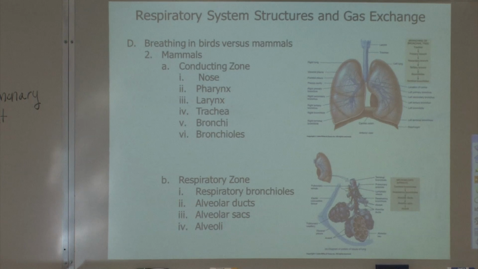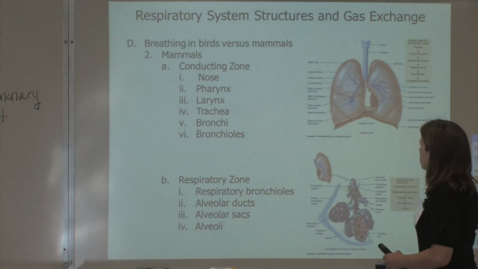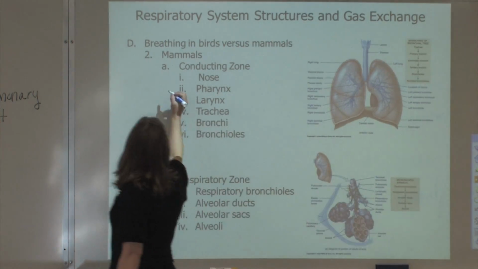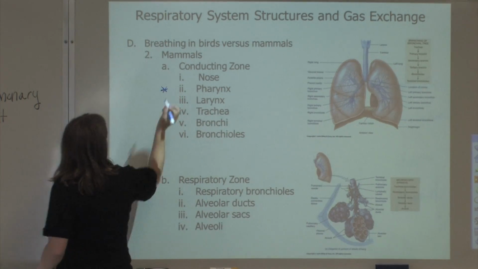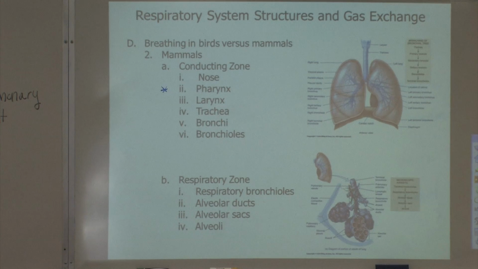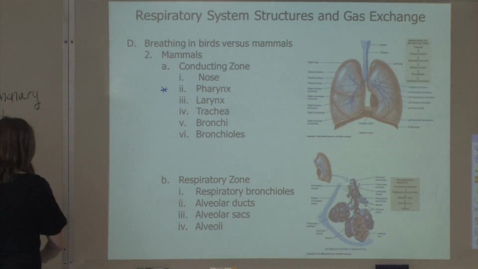With these structures on your handout, I want you to put a star next to the pharynx. Because in a little bit, we're going to talk about structure-function relationships in these conducting zone structures.